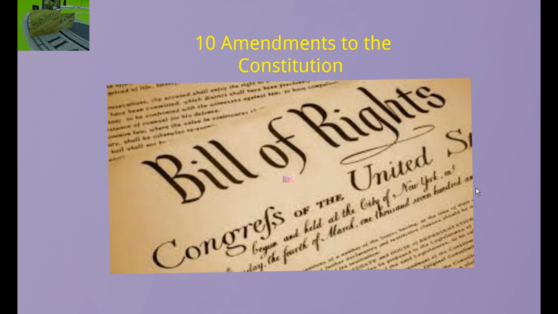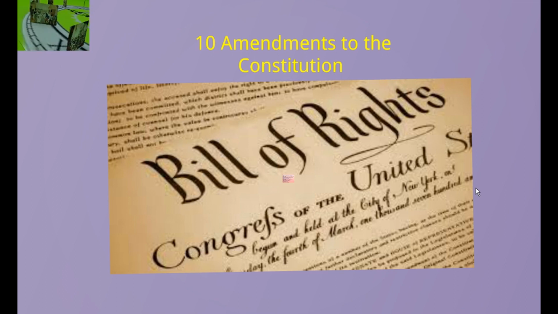Another important political development in this year is the ratification of the first 10 amendments to the Constitution, the Bill of Rights. This can be considered a compromise, a counterbalance to the centralization process that the Constitution has created.